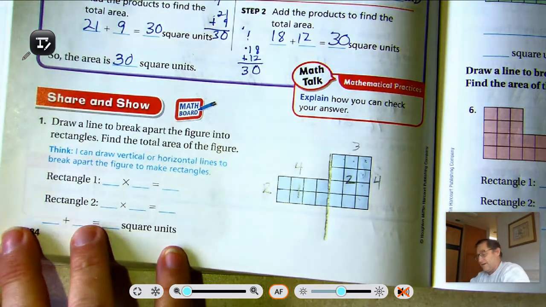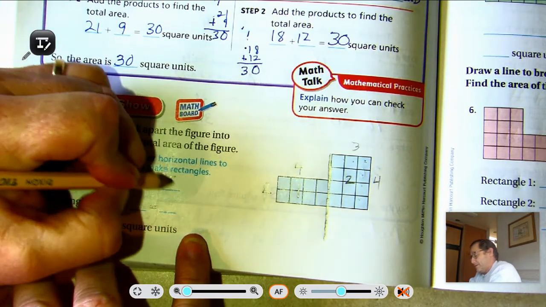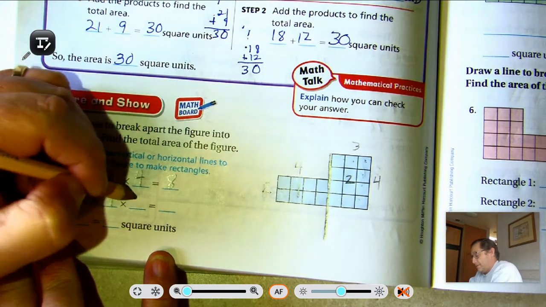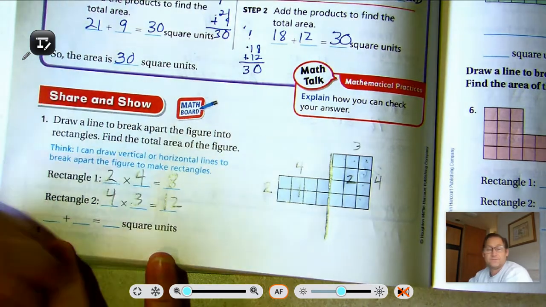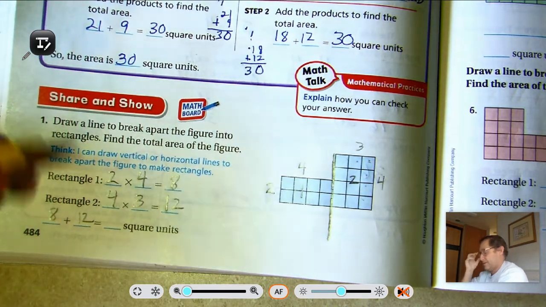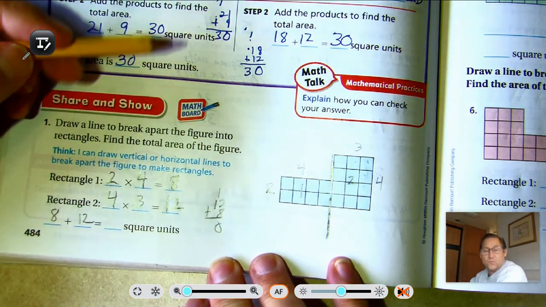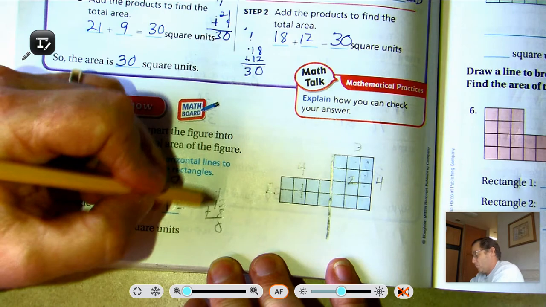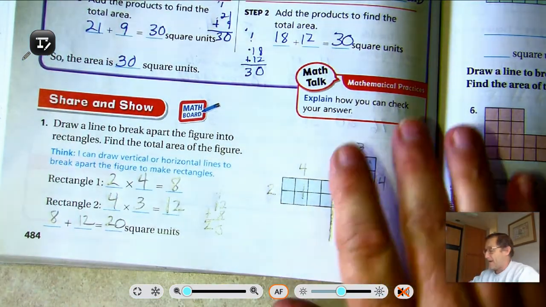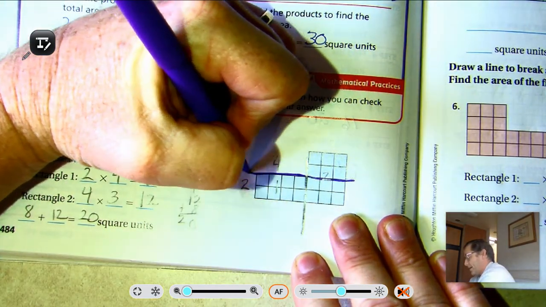So then I would write 2 times 4 is 8, and 4 times 3 as 12. And I would add 8 and 12. 2 plus 8 is 10. Regroup that as 1 ten and 0 ones. 1 and 1 is 2 tens. So I'd get 20. Okay, but I could also go this way.